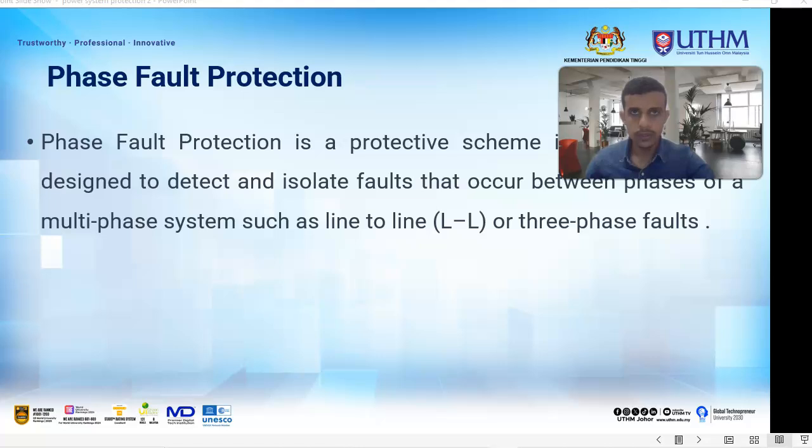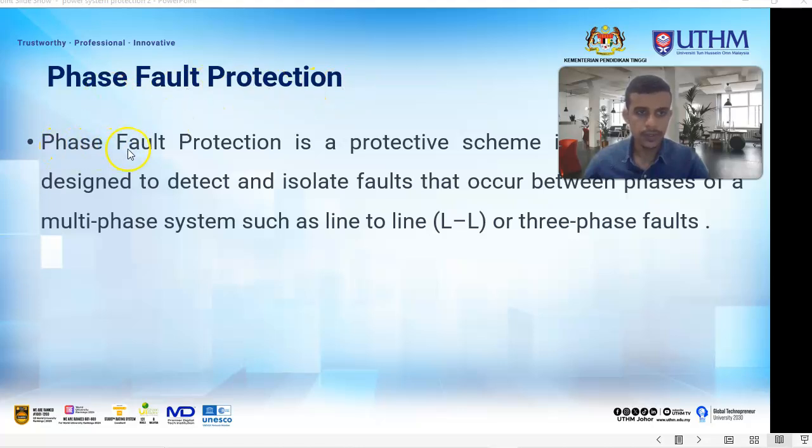Group 1. So today I am going to present phase fault protection for the subject Power System Protection. So what does it mean by phase fault protection?